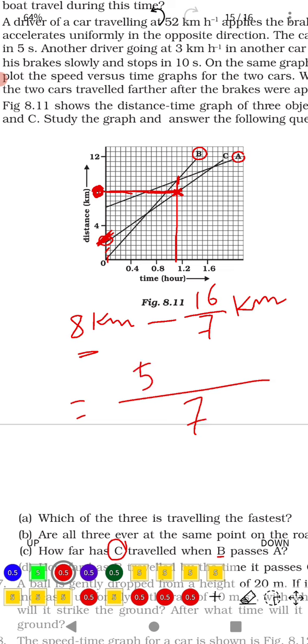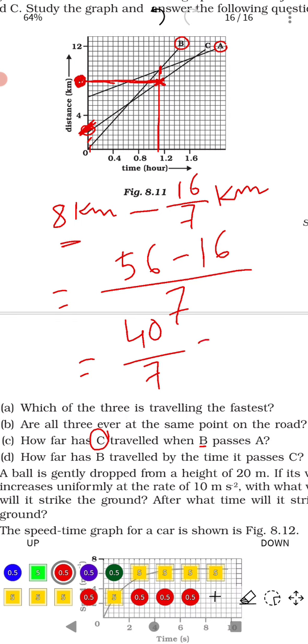This is 56 minus 16, so that should be 40, I think. Yeah, 40 by 7. So it will be around 5.7 or something like that. If it is 5 times, then 35, then 5. Yeah, it is 5.71 like that. So this much of kilometer.